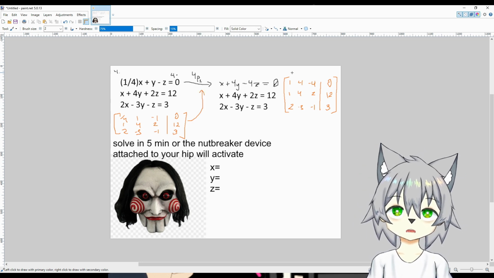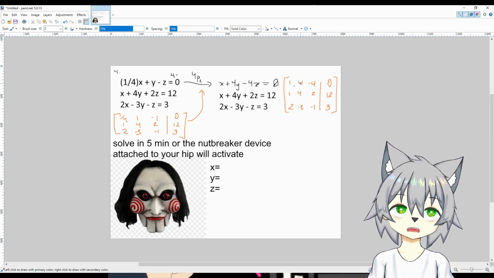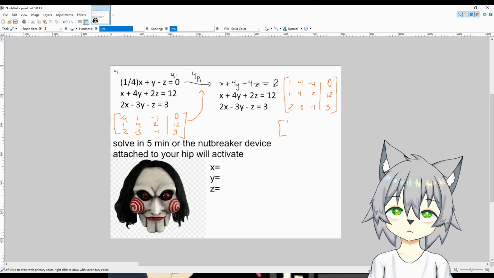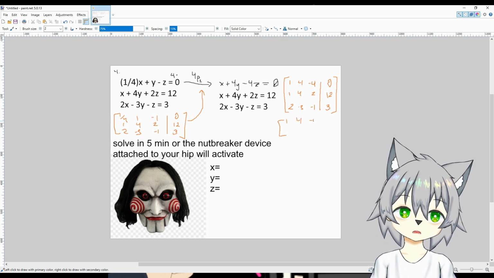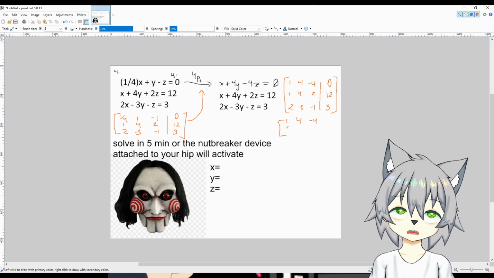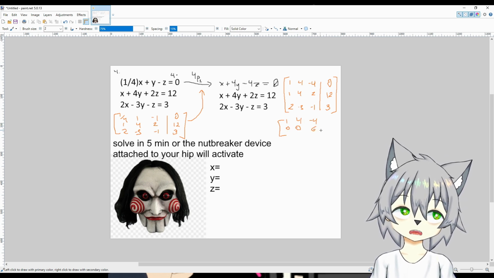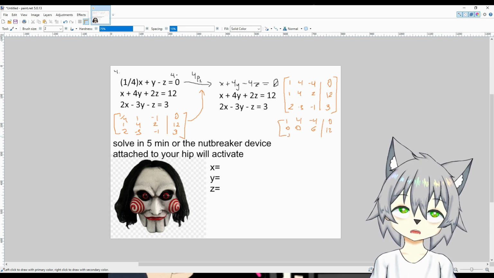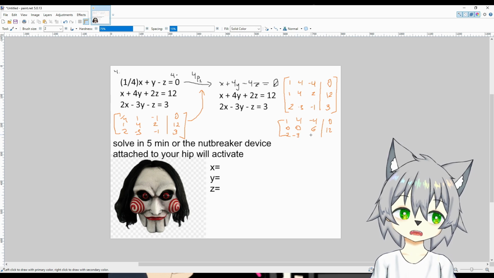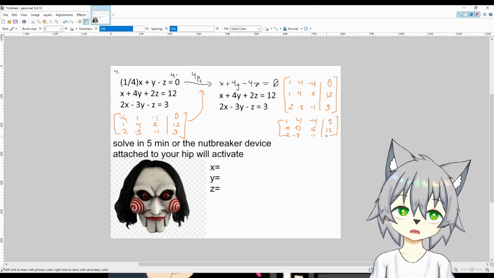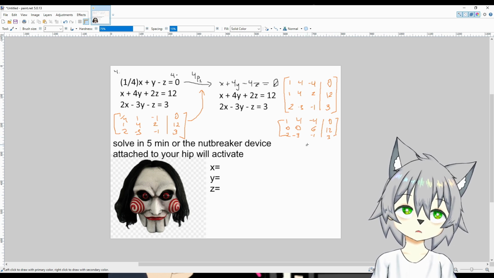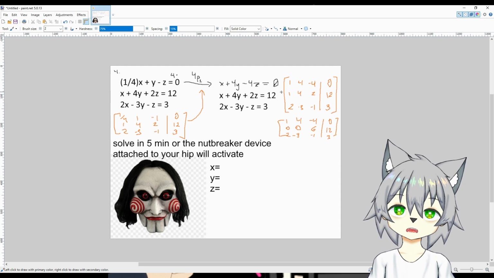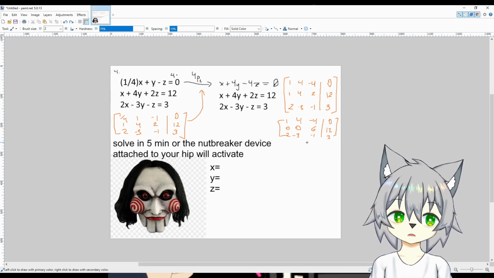And then we just do the same thing that we did before, except all I have to worry about are these simple numbers: 1, 4, minus 4, and then 0, 0, 6, because we want to subtract that. And then we have 12 here still, 0, 2, minus 3, minus 1. So we subtracted this from that. And then we just keep going from there.